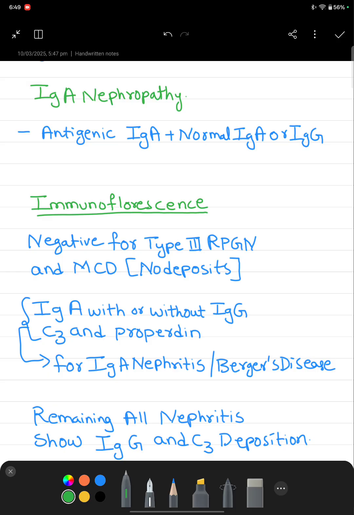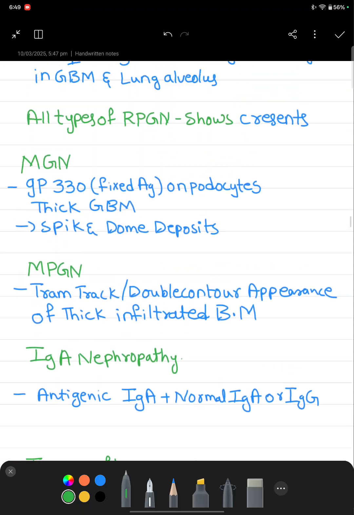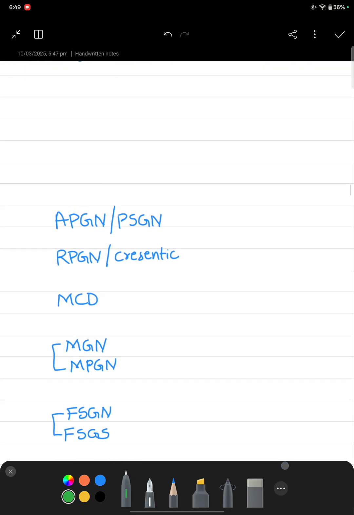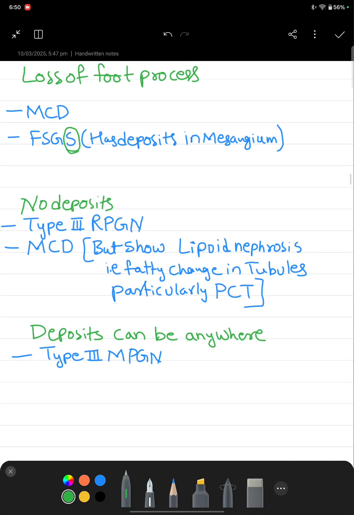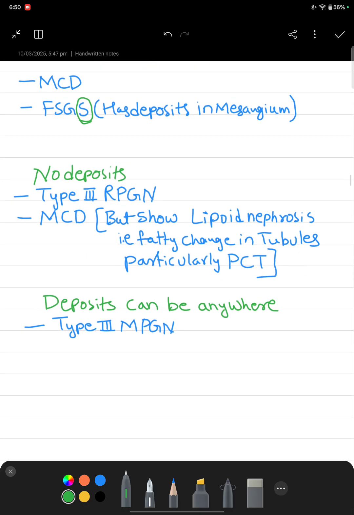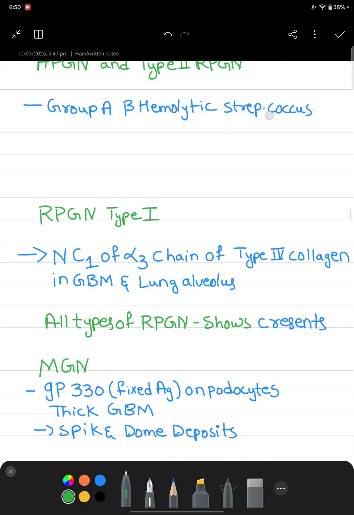Now the depositions are absent in two types: minimal change disease, which we discussed previously, and type 3 RPGN. MCD and type 3 RPGN do not have any deposits.